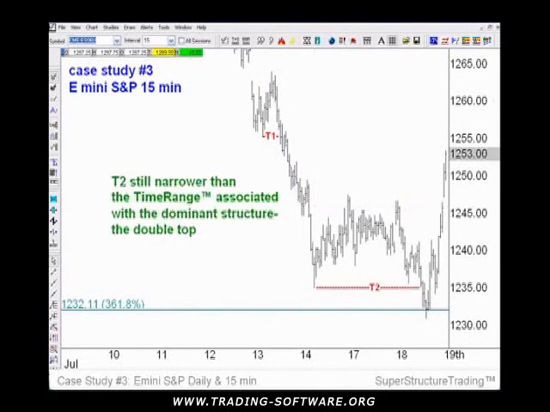Keep in mind that T2 is still narrower than the time range associated with the dominant structure, the double top. Remember, back on the daily chart, there was no other time range wider than the one up there with the double top. So even though T2 is wider than T1, first we need to compare that to the dominant structure, which again is the double top.